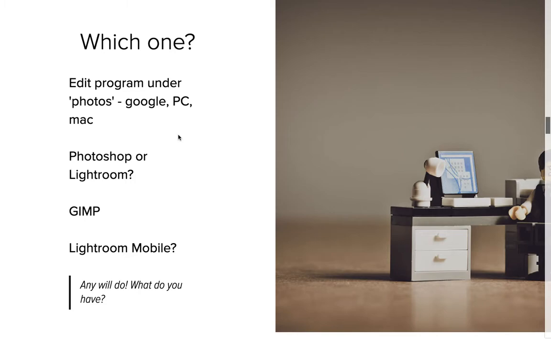Usually there is an editing program in your Photos app or your Photos program, or under Google. There can be Google Photos, and there can be a way to edit in that area. I'm going to show you that in a minute. I have that here on my Mac. It's a Photos app, kind of.